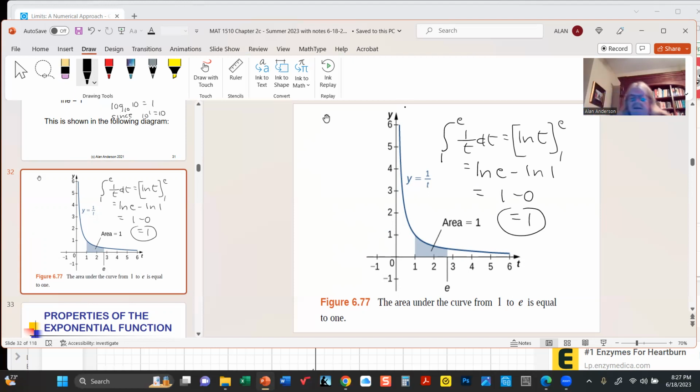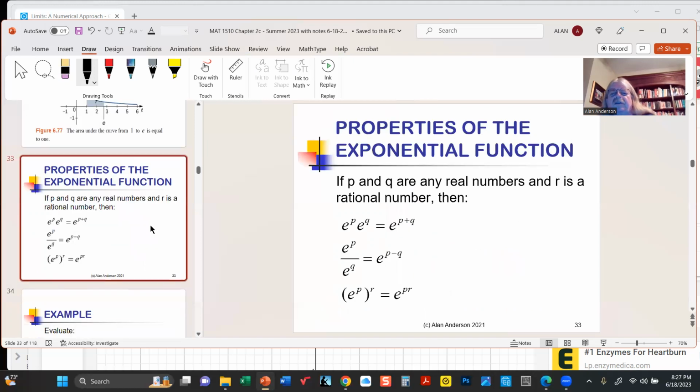So it's just equal to 1. All right. Now, the exponential function, let's take a look at its properties. These are really not much different than any other properties you've seen with exponents. e to the p times e to the q is e to the p plus q.